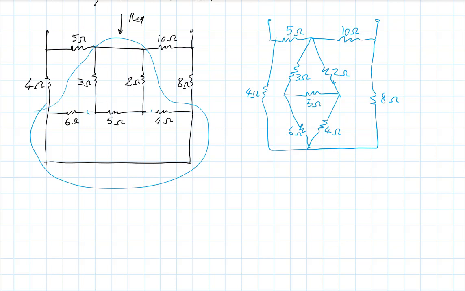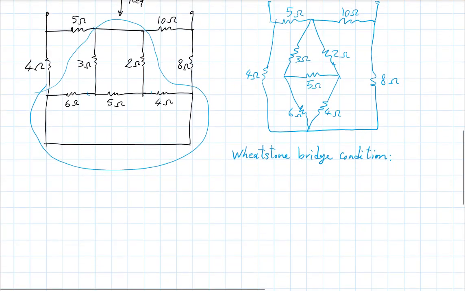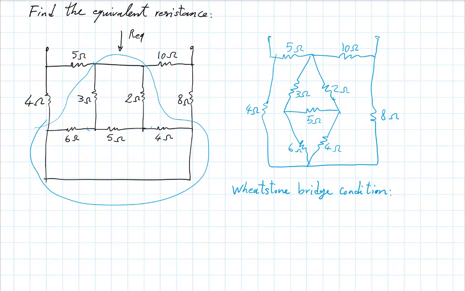So is the Wheatstone bridge condition met for the circuit in the middle? So recall the Wheatstone bridge condition. If you look at the diagonally opposite resistors, so I have 3 ohm and 4 ohm resistors on the two opposite sides, and then 2 ohm and 6 ohm resistors on the other opposite sides.